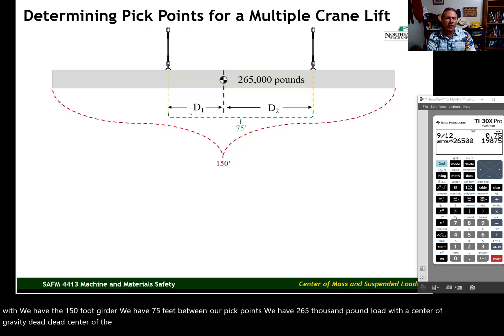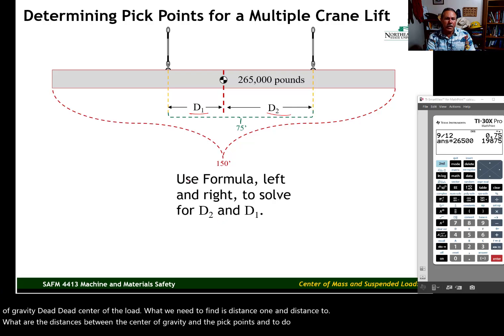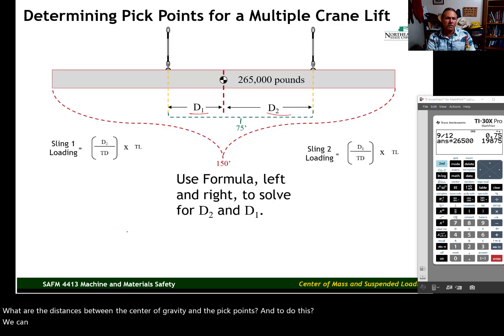What we need to find is distance 1 and distance 2. What are the distances between the center of gravity and the pick points? To do this, we can use these formulas. We can use this formula to find distance 2, and we can use this formula to find distance 1.